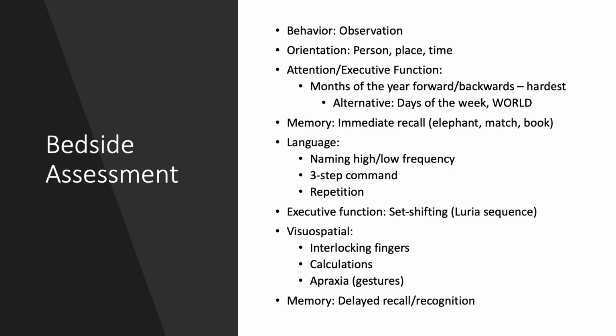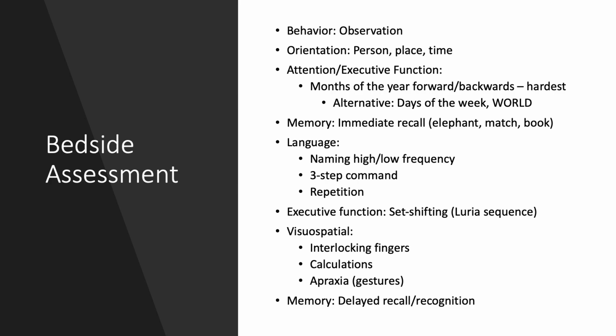For attention and executive function, the days of the week, months of the year, backwards and forwards. You can do letters of the alphabet as well if you would like to increase the level of difficulty. For memory, like we mentioned, it's a 3-item word list. Give it to them, ask them to remember it, and you ask them immediately, and over time again you do a delayed recall.